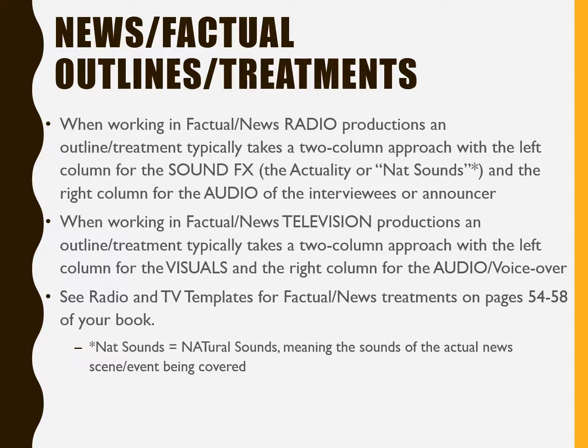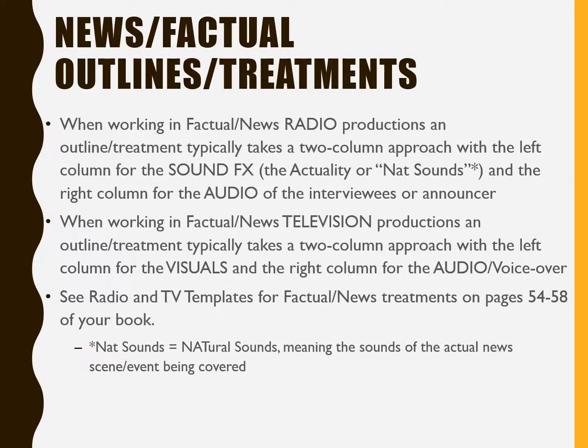When you're thinking about these ideas and concepts and applying them to the news, meaning real stories, going out and shooting something for your local news, let's say, an outline or a treatment typically takes a two-column approach. The left side has the sound effects, or the nat sounds, the actual sounds we call them, and the right column is for the audio, the interviewees, or the announcer, the script. Those are for radio.